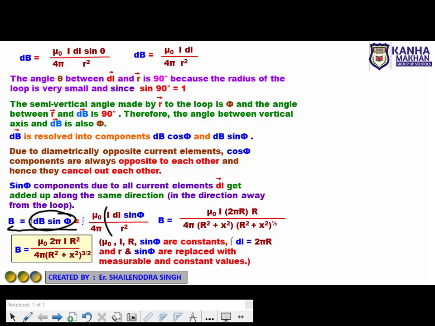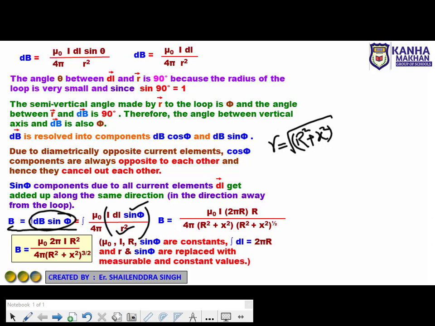When we integrate, it can be given as mu naught upon 4 pi, I dl sin phi, where phi is the angle which the x axis makes with the position r, divided by r square. And do you know what small r is? Small r is given as the square root of capital R square plus x square. Is it clear now?